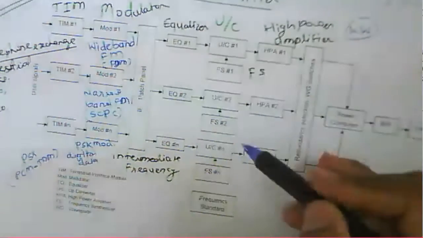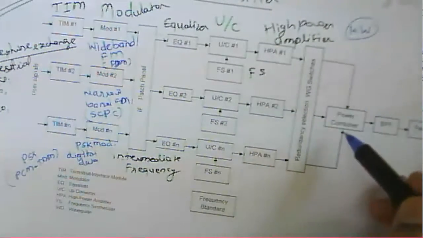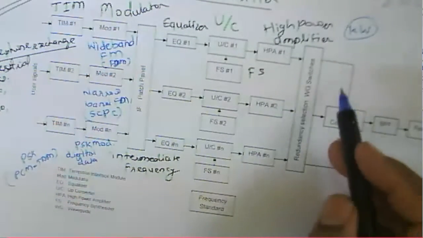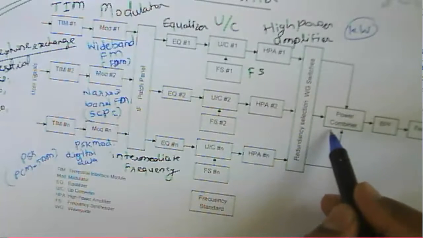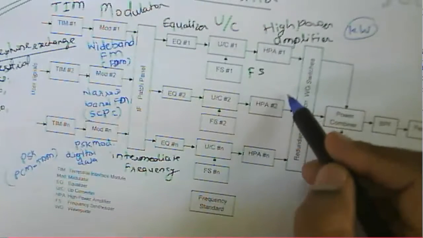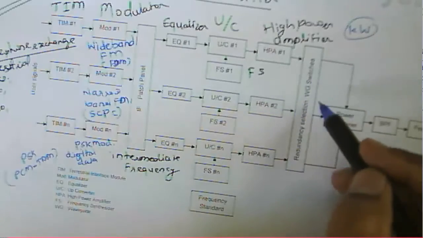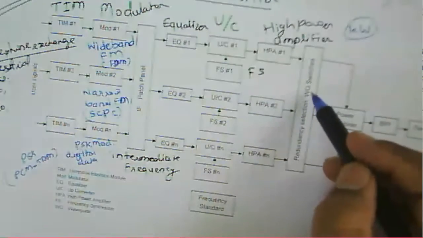Then the output from this high power amplifier will be combined here, because here is the output of this particular coupler through these waveguide switches.